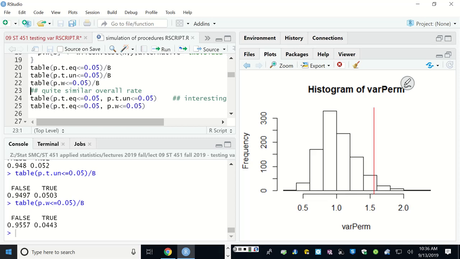It's not quite as powerful. Instead of dealing with the actual data distribution and the averages, it's reduced information to ranks. So it's given up some information, and it rejects a little bit less often, which is fine. It's still no more than 5%.